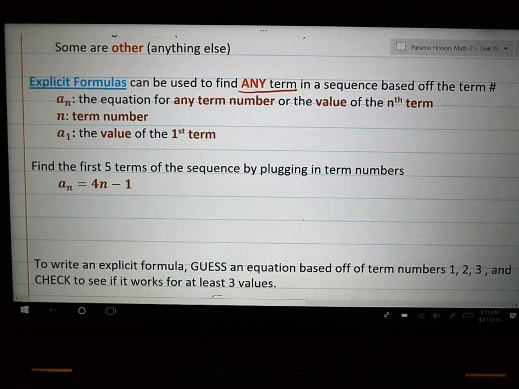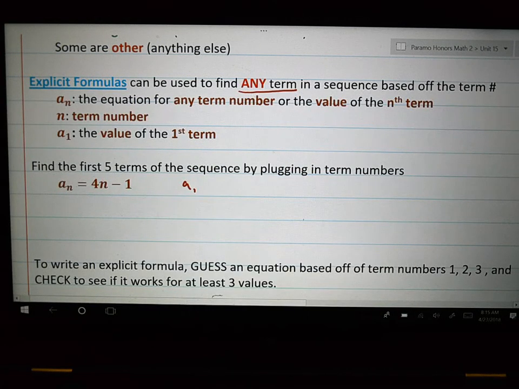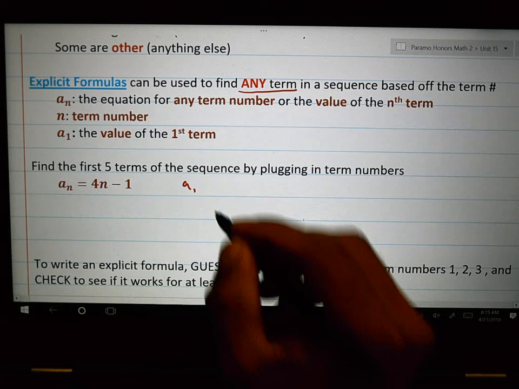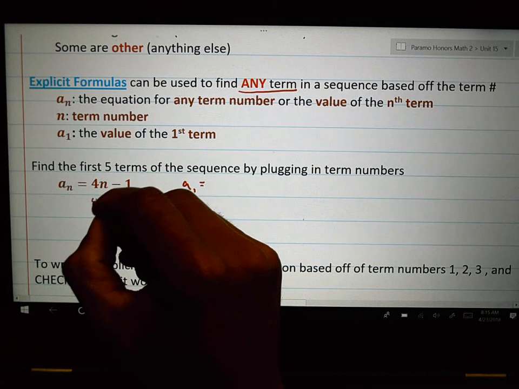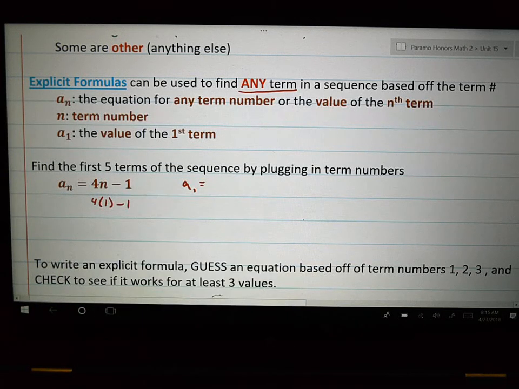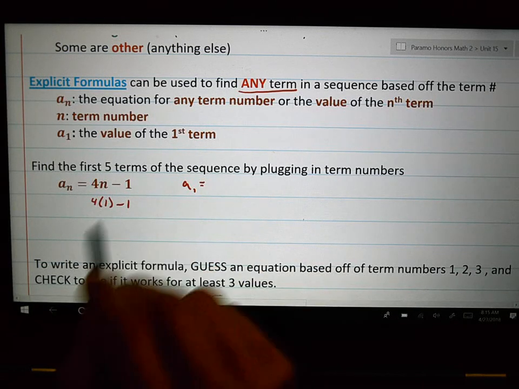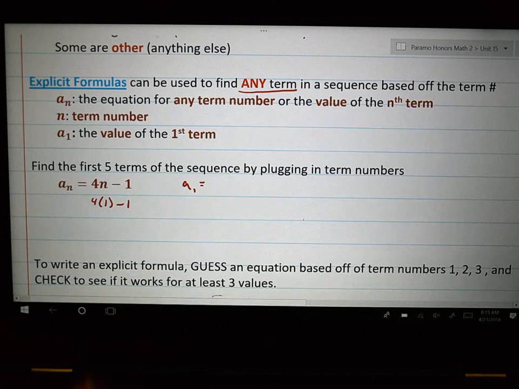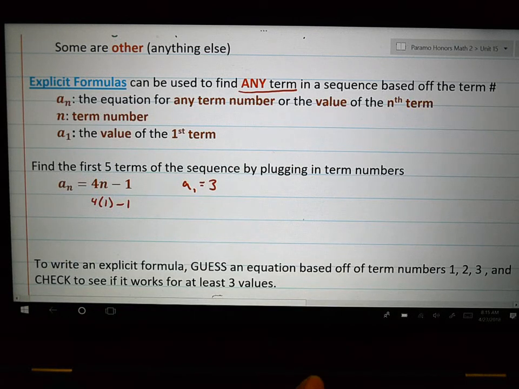For example, if I wanted to know what the first term is, I'll call that A of 1. All I have to do to find the first term is to plug 1 into the equation and simplify it. If I want to know what A of 1 is, all I do is 4 times 1 minus 1. 4 times 1 is 4, minus 1 is 3, which means your first value is 3 in that sequence.